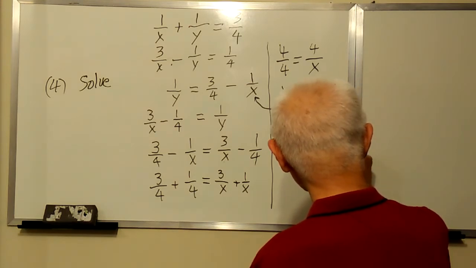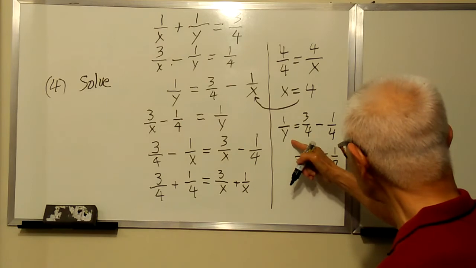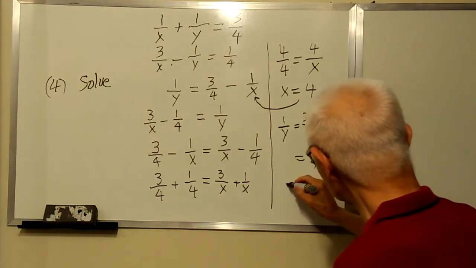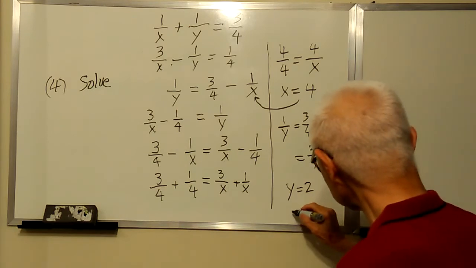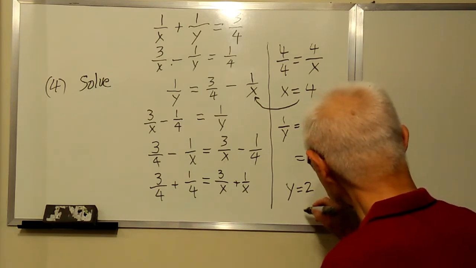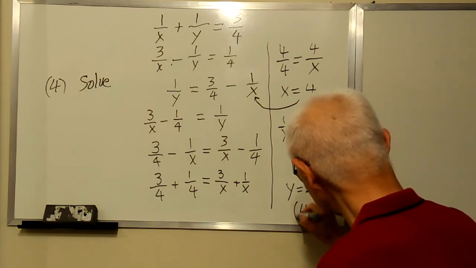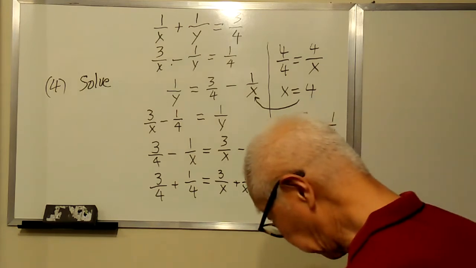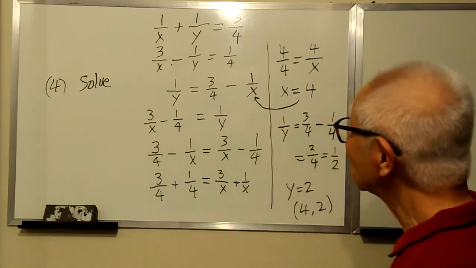But 2 over 4 is 1 over 2. Now you see 1 over y is equal to 1 over 2. Therefore, y is equal to 2. So my answer is 4 and 2. Or I can write in bracket form (4, 2). So this is my example 4.